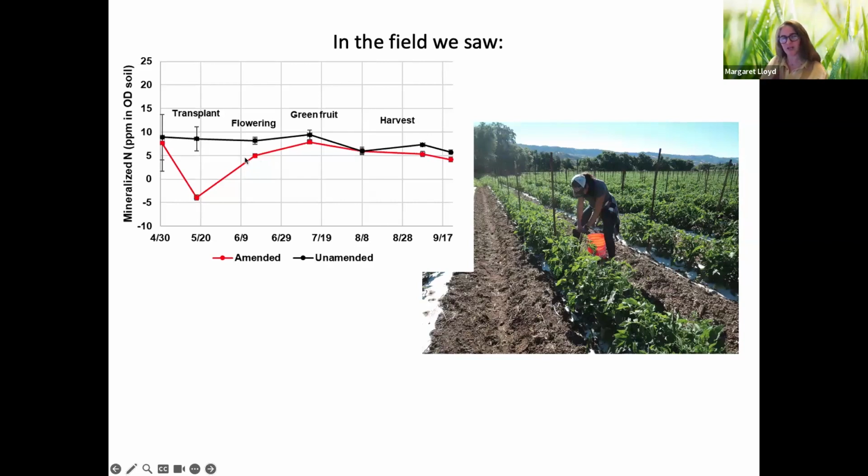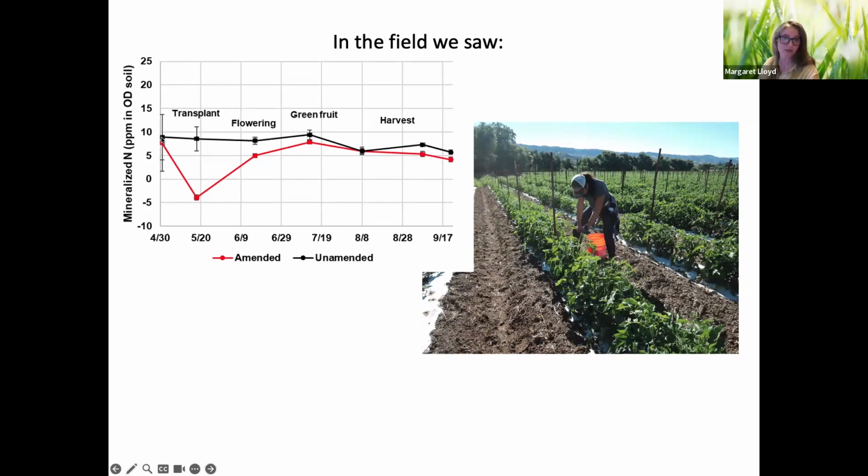So we had control set up every other row. We added the compost or we didn't add the compost. And so we got to see what the impact of that compost was. And in the unamended, which is in black, over time, how much of that nitrogen was mineralized.